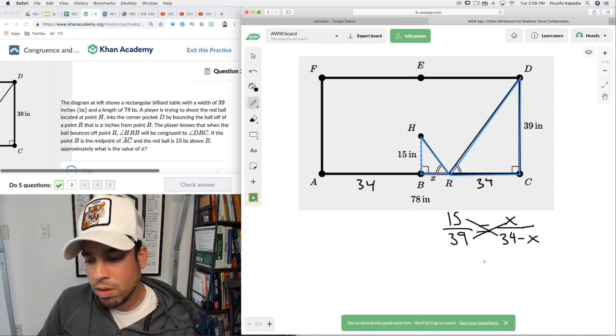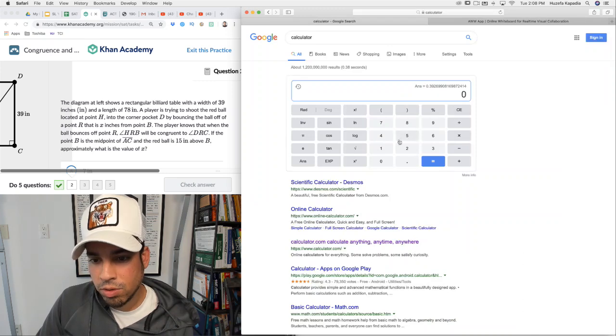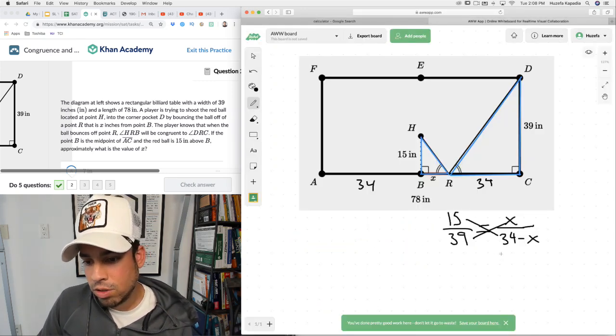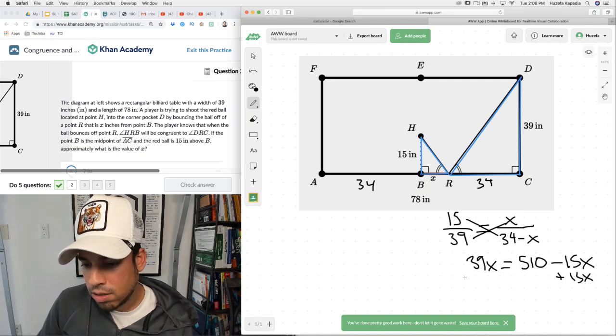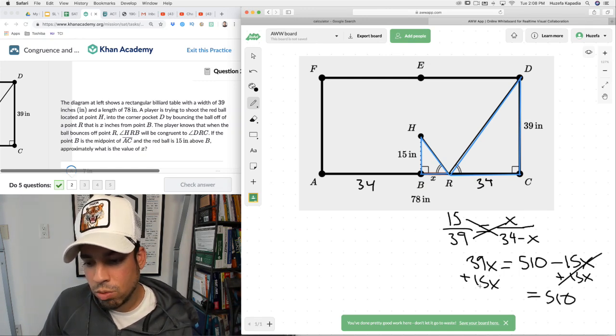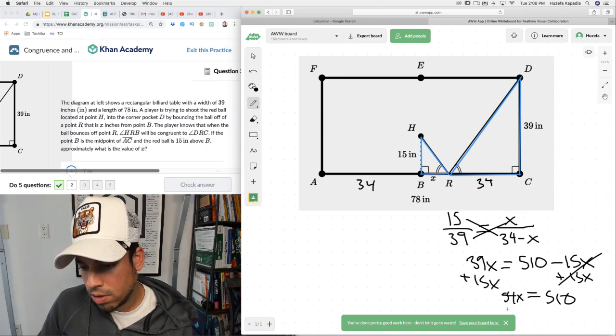So boom, boom. Let's use the calculator. 15 times 34 is 510. So we got 39x on this side equals 510 minus 15x. Let's add 15x to both sides. I get 510 equals 54x. Then divide both sides by 54.